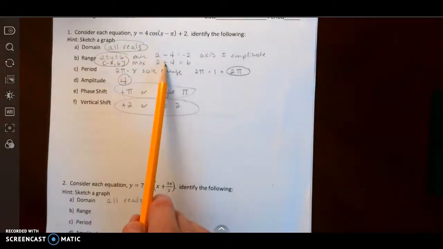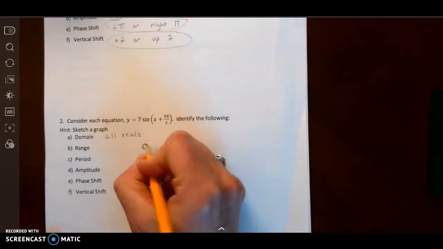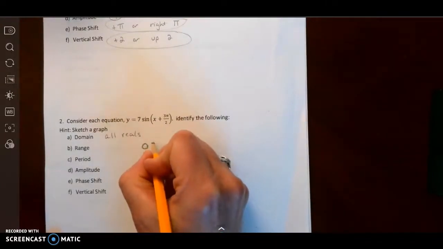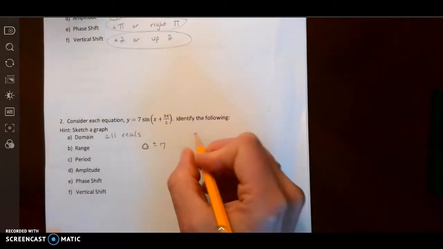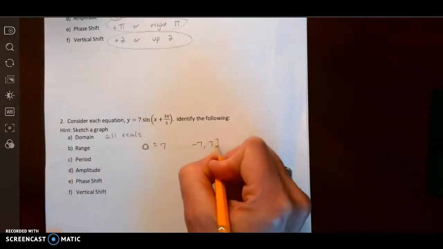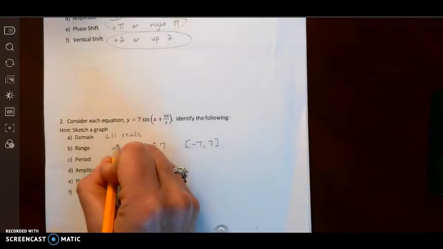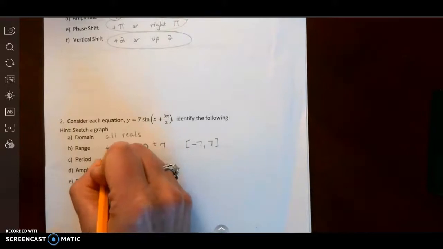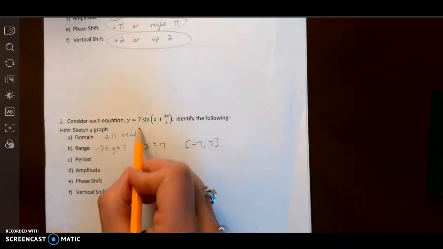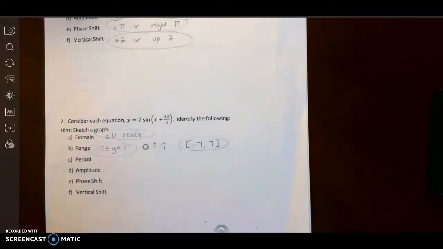Just like up here in this first one, my axis was at 2 and went down 4 and up 4. So here, my axis is at 0, and it's going to be plus or minus 7. So I'm going to go from -7 to +7 for my range, and I could write that as an inequality or in the bracket notation that I have there. So I could have it written like this or like this.